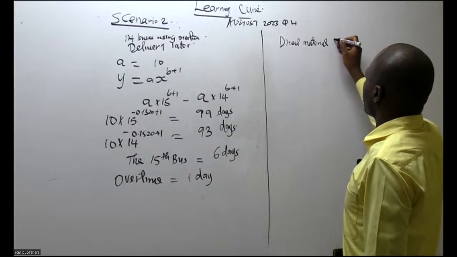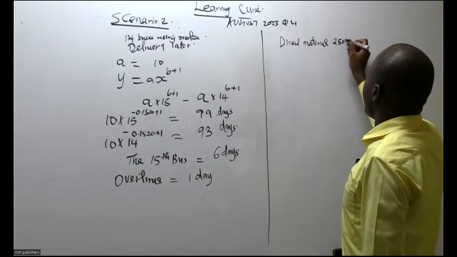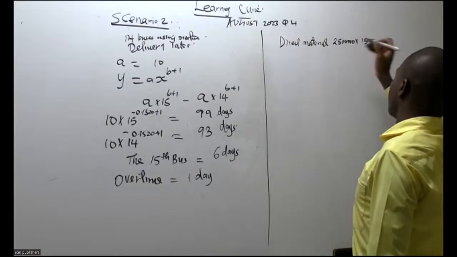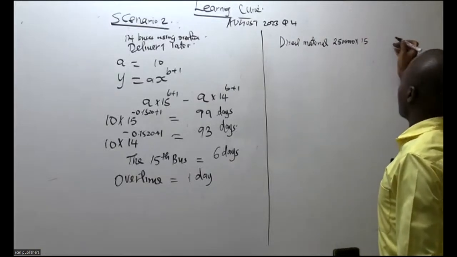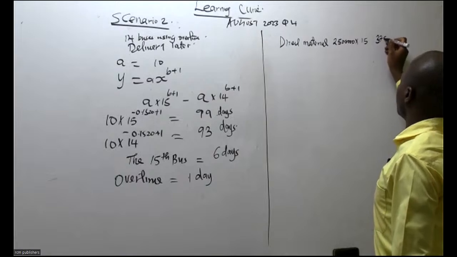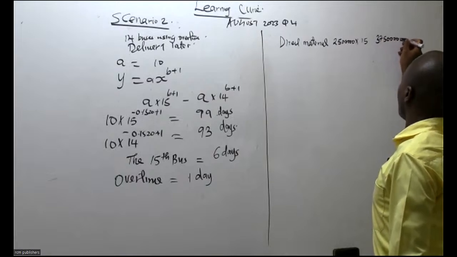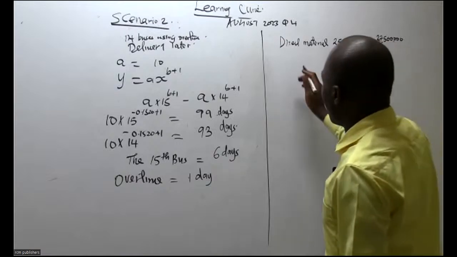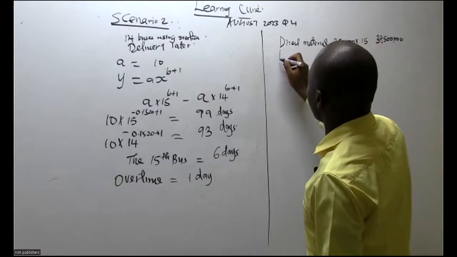So I need 2,500,000 by 15 buses. How much will it be here? Was it 37,500? 37,500, is it? After direct material, I need direct labor.